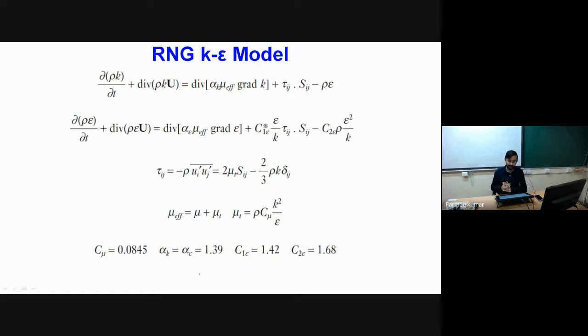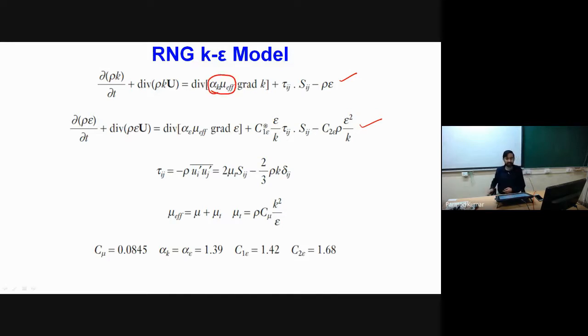Then there is one more model which is based on renormalization, and it is called the renormalization K epsilon model. In the renormalization K epsilon model, the kinetic energy equation and its dissipation equation are almost the same. We have some additional coefficients. So you can see we have the divergence of alpha k into mu effective.